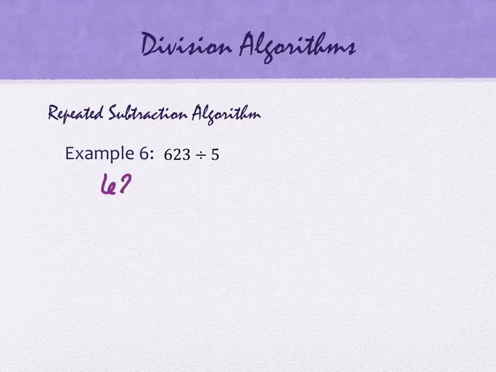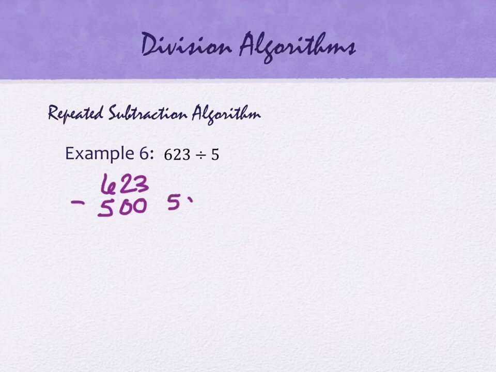We have our 623. And what we're going to do is we're going to try to subtract the biggest 5 followed by zeros possible. Okay? So I can subtract a 5 from the 6, correct? So I'm going to subtract, in this case, it's 500. So where does 500 come from? Well, it's 5 times 100. So our goal in doing this is always going to be 5 times a power of 10.